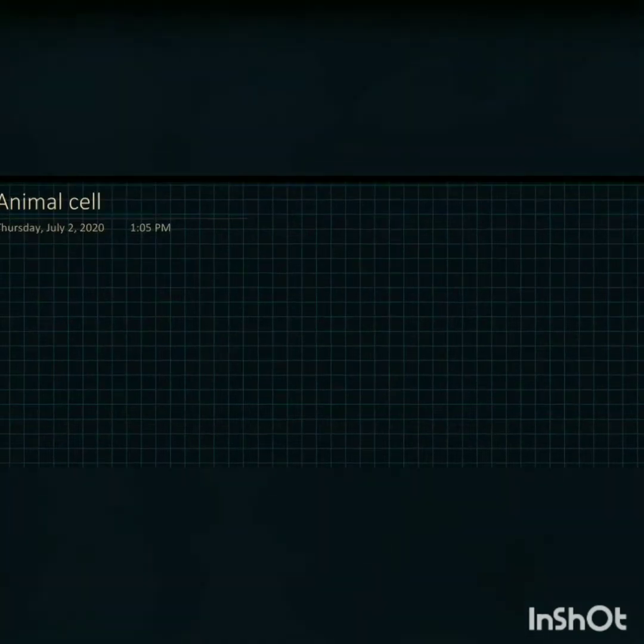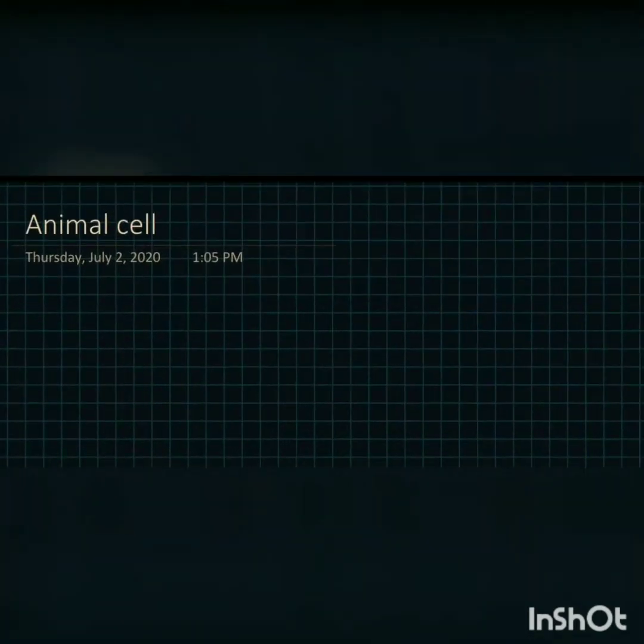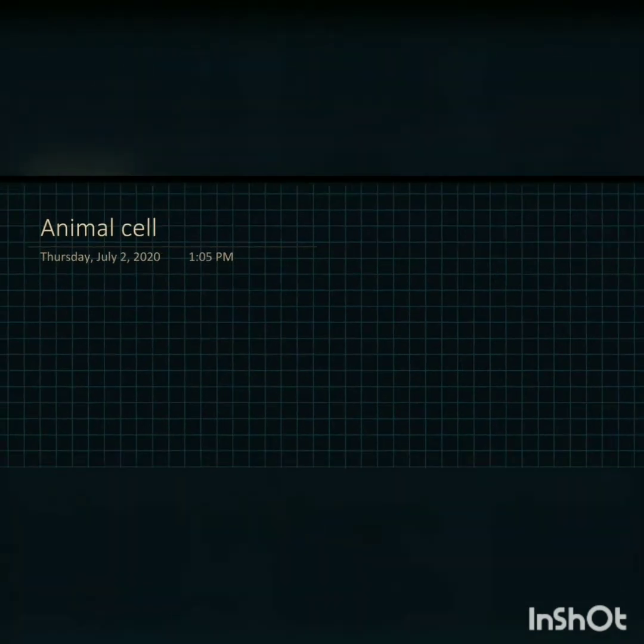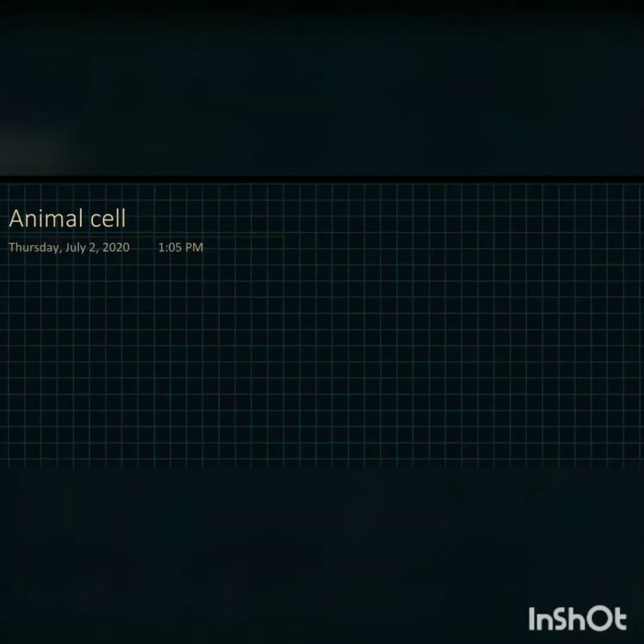An animal cell can be seen under a light microscope and can also be seen under an electron microscope. In the light microscope, as I told you, a light microscope has objective lenses of different powers.